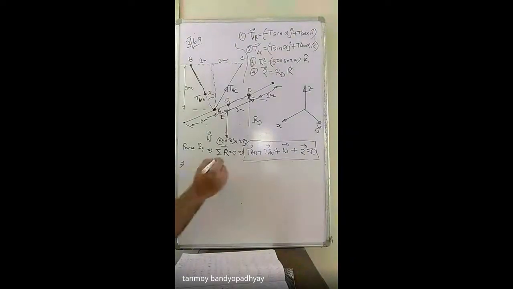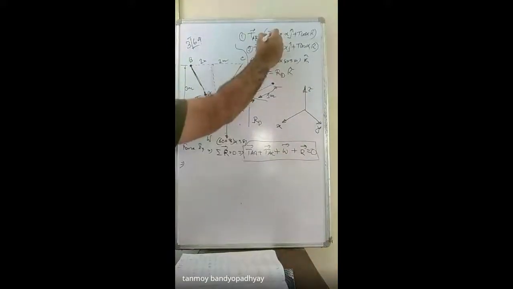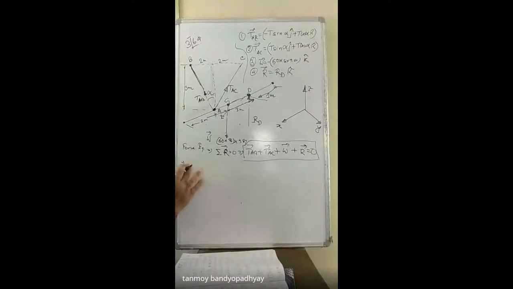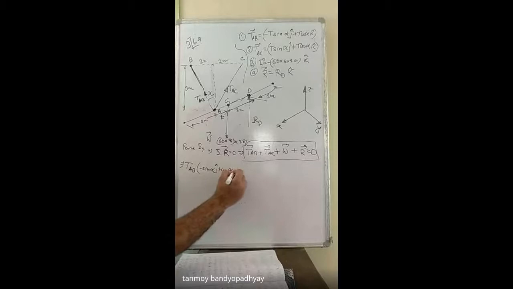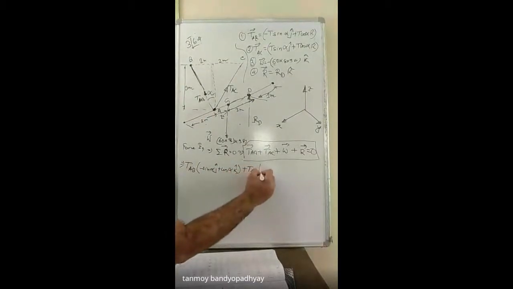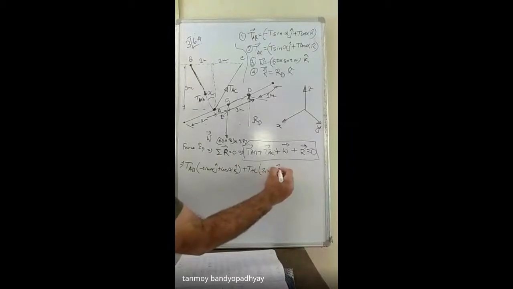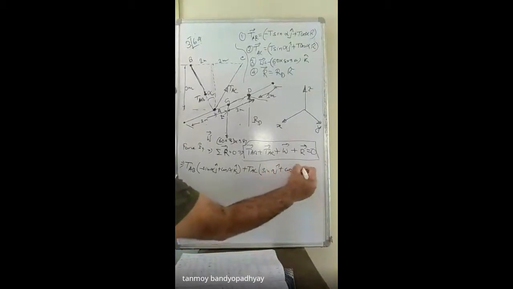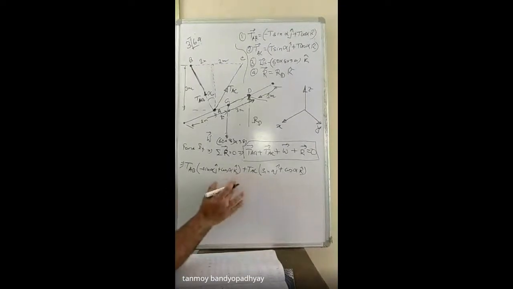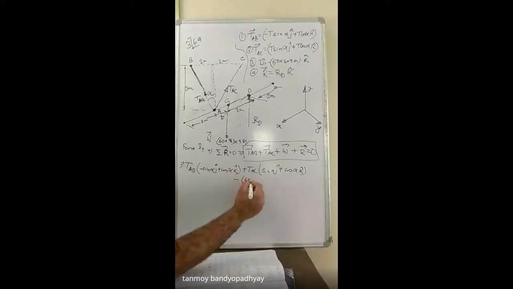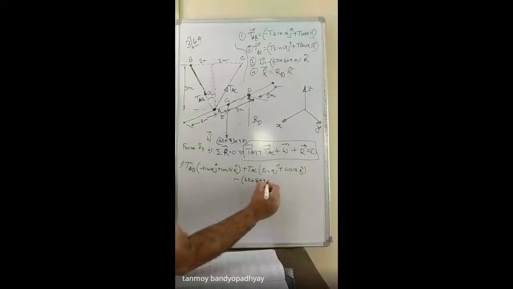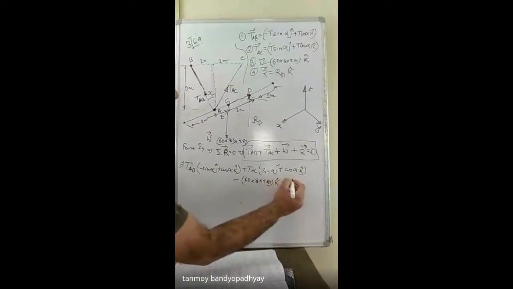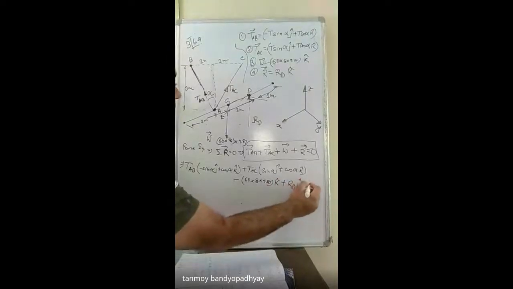So I'm writing it here: I take TAB as a magnitude, so it is TAB into minus sin alpha j cap plus cos alpha k cap, plus TAC into sin alpha j cap plus cos alpha k cap, plus the W vector, which should be negative, minus 60 into 8 into 9.81 k cap, plus RT k cap, that is equal to 0.